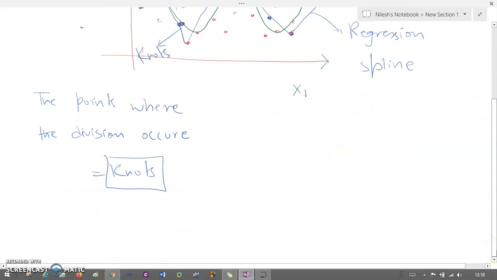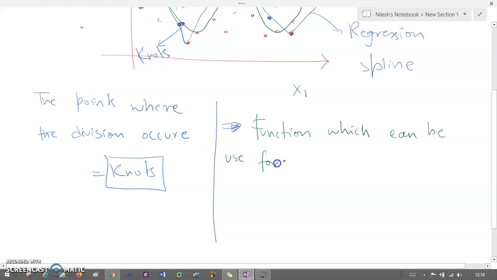So I'm going to write it down here. I'm going to take another color and write down that the function which can be used for modeling each bin is known as a piecewise function.